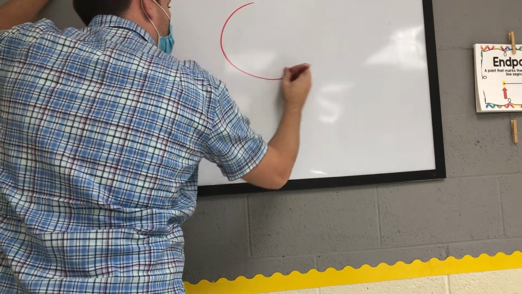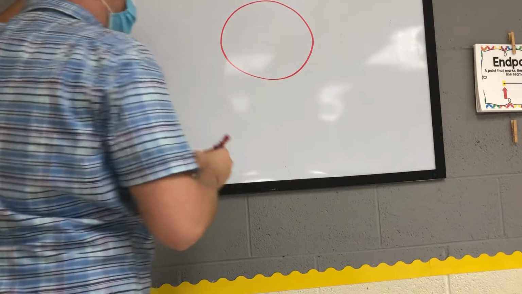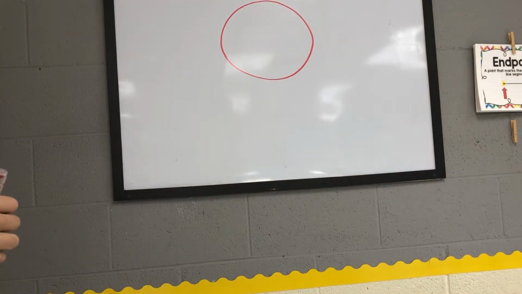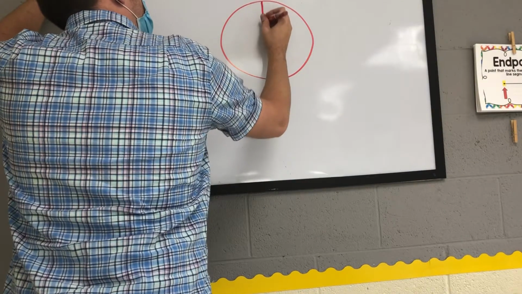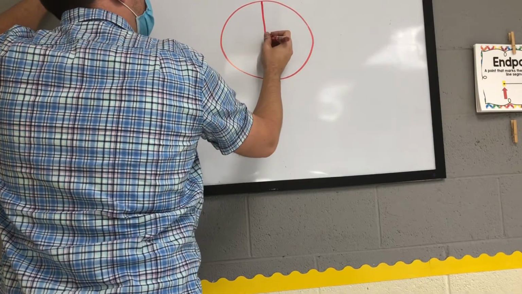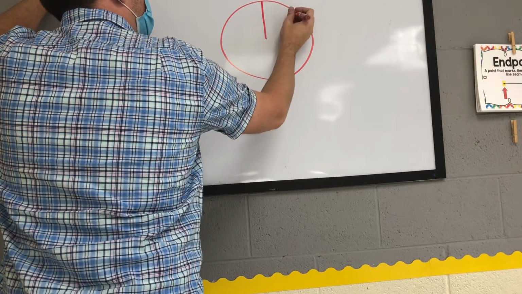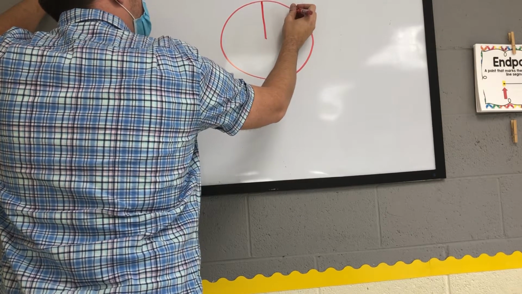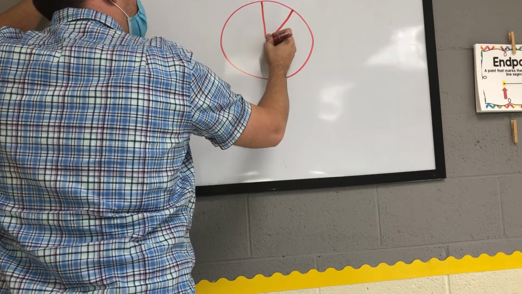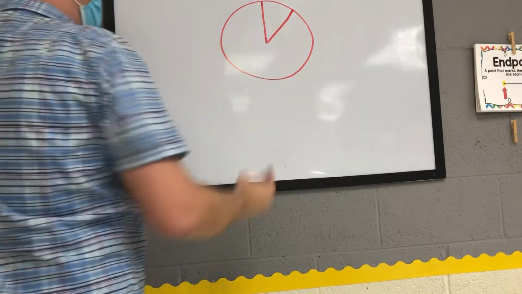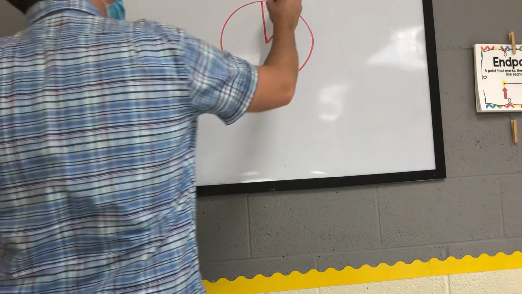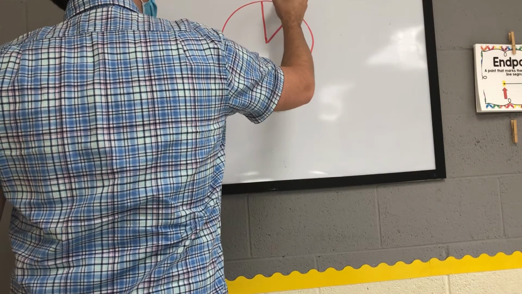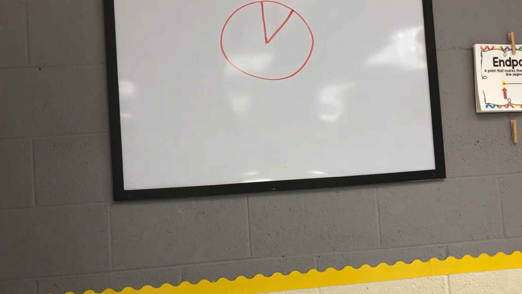Let's try again. Here is a circle. This is 1/6 of a circle.